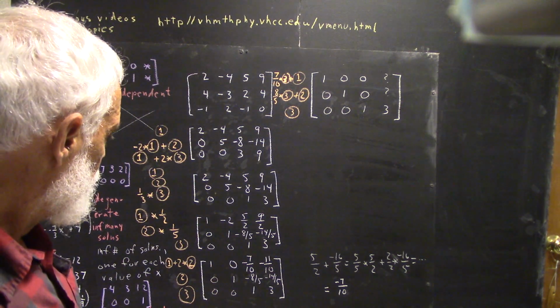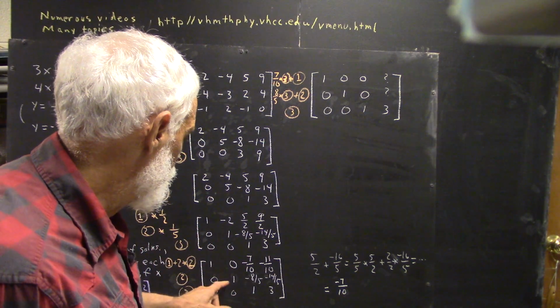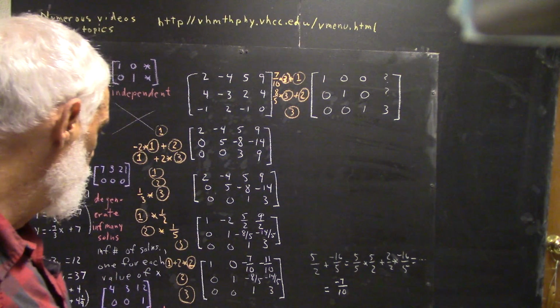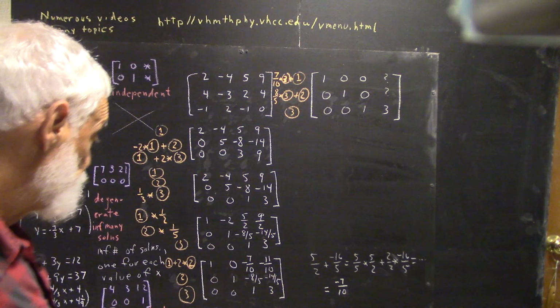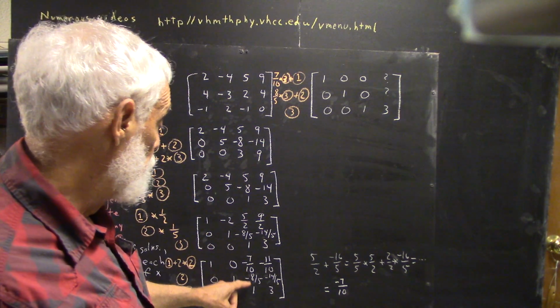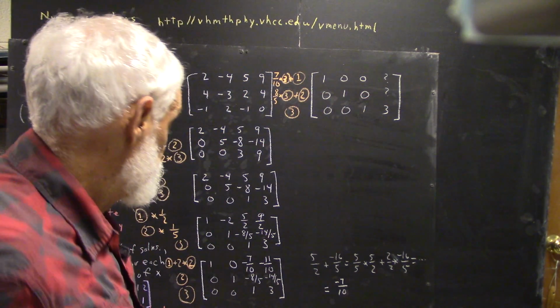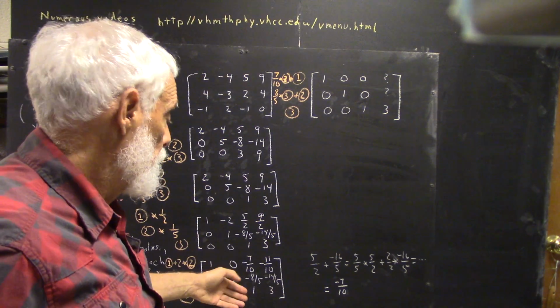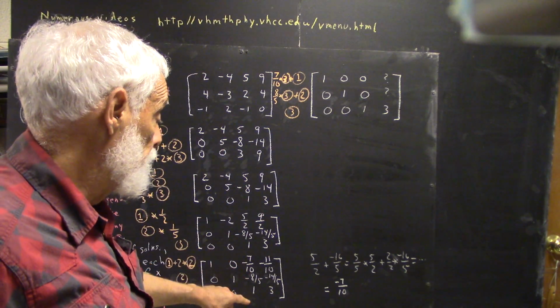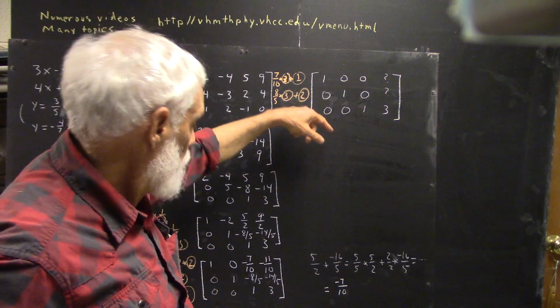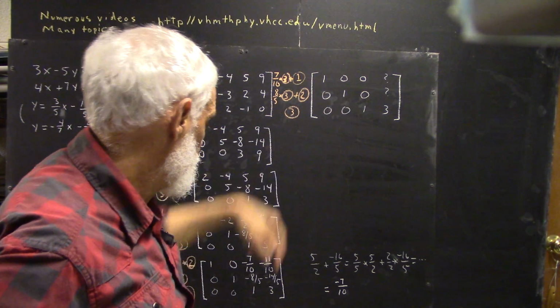Okay? So now we have 1 here, 1 here, and 1 here. And there's just one more step that I alluded to before. If we add 8/5 of this row to this row, as we say here, we're going to get rid of the negative 8/5, because 8/5 of 1 is 8/5 added to negative 8/5 will give us the 0 that we get here.